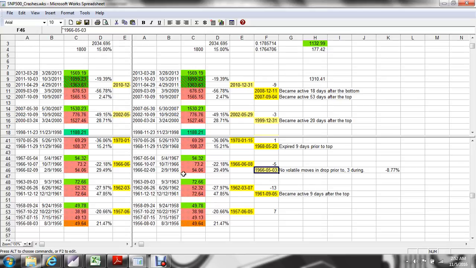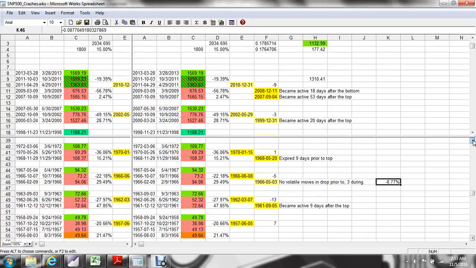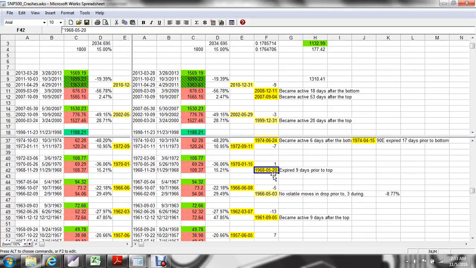This one was very close, but not exactly. But there were no volatile moves until that 90-day indicator became active, and then there were three during that indicator's active period, and it dropped 8.77% during that time. You see this one expired 9 days prior to the top. This one became active 6 days after the bottom. This one became active 17 days prior to the bottom.